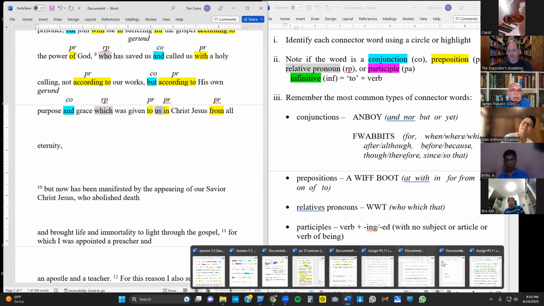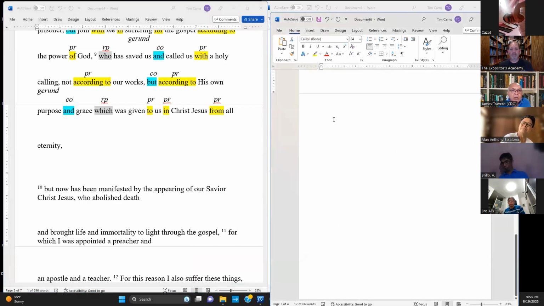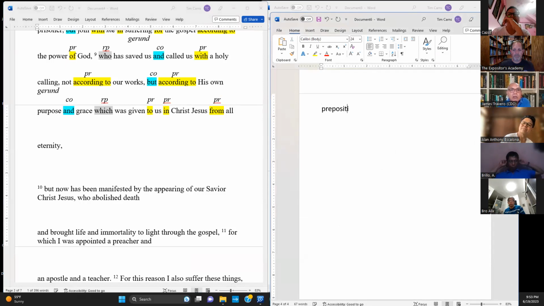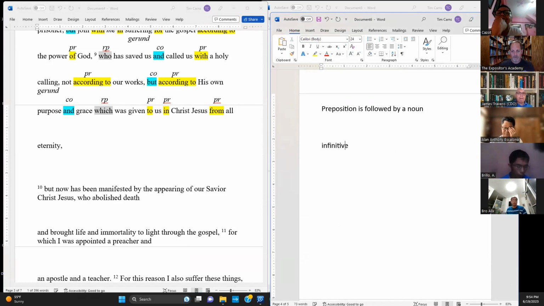Okay, so again, that reminds us, normally a preposition is followed by a noun. If it's an infinitive, the preposition "to" in this case is almost always followed by a verb.